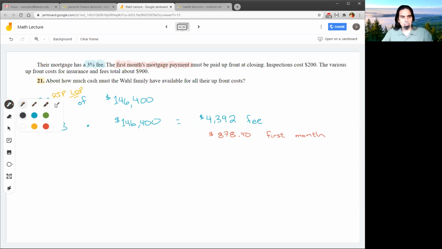Then we had inspections cost 200. And then the various stuff was 900.